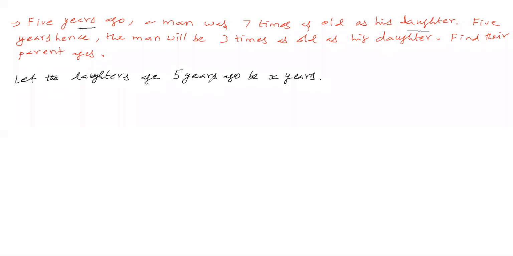Then the man's age 5 years ago, being 7 times his daughter's, is equal to 7x, because the daughter's age is x and it is 7 times, therefore 7x.